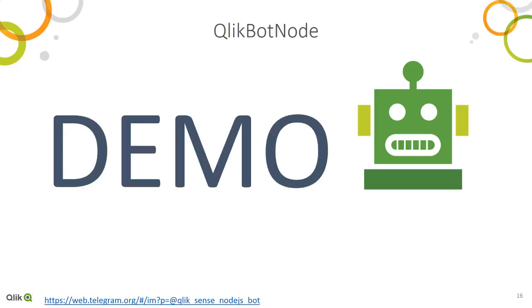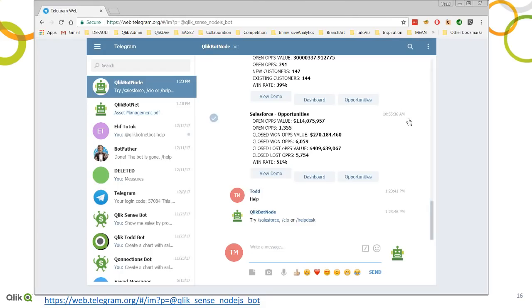Sure. Okay. Thank you. So here again, we have a demo of the QlikBot node running in the web viewer of Telegram. Again, this can easily be accessed from Android or iOS devices as well. When you connect to it and type help, it will give you some examples of the different apps that you can connect to.